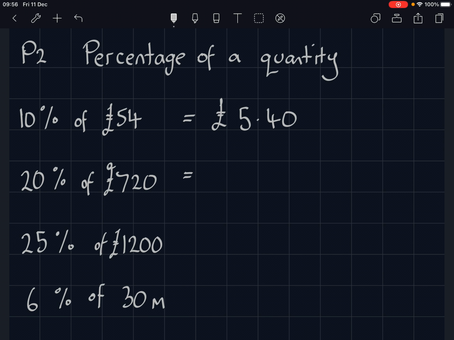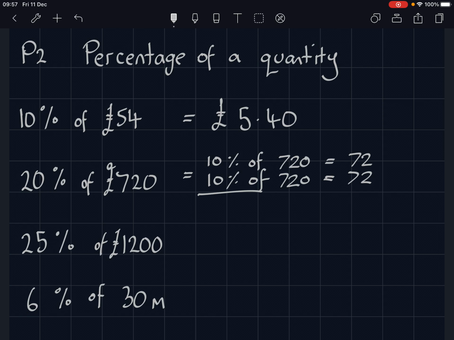So 20% of £720. So we could think about this as 10% of 720, and that would be 72. And then another 10% of 720 would be another 72.